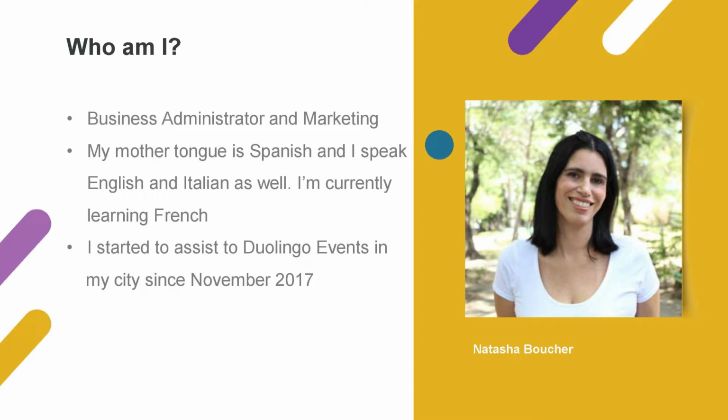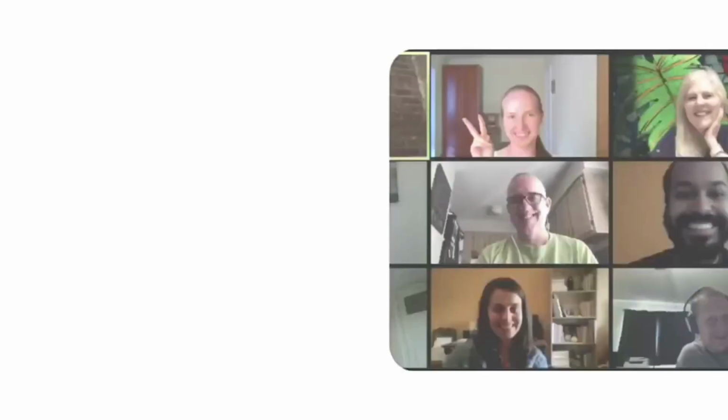I started to attend Duolingo events in my city, Caracas, Venezuela, in November 2017. As you can see in the picture above, we are in a park. We are all the group from Duolingo Caracas, and we have these meetings every Saturday.